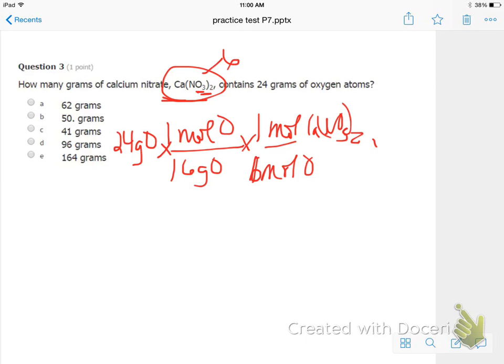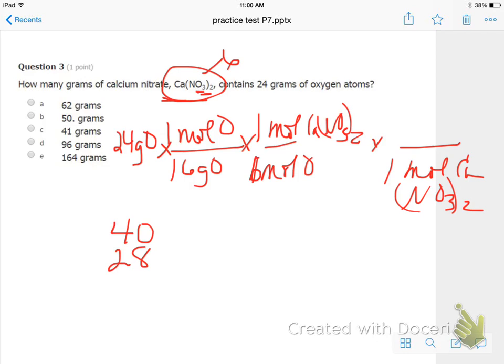Okay. And I'm looking for grams, so 1 mole of calcium nitrate. Let's see, calcium is 40 grams. I have 2 nitrogens, that's 28 grams. I have 6 oxygen, so let me see, 48 plus 48, that's 96 grams. I add that up and I get 164 grams of calcium nitrate.